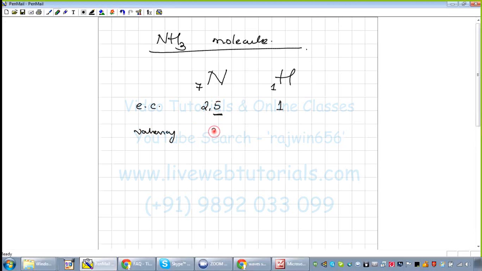This needs 3 electrons to make octet, so its valency will be 3. Hydrogen needs 1 more electron to make duplet, so its valency will be 1. Similarly here we can write down nitrogen with its valency 3, hydrogen with its valency 1. I can exchange these valencies to get the formula of the compound. This is going to be NH3. This is your ammonia molecule.